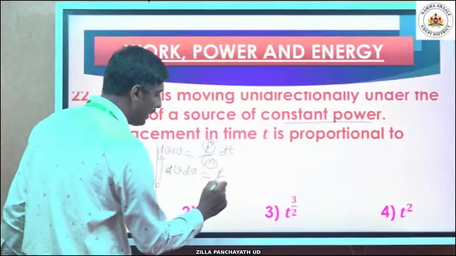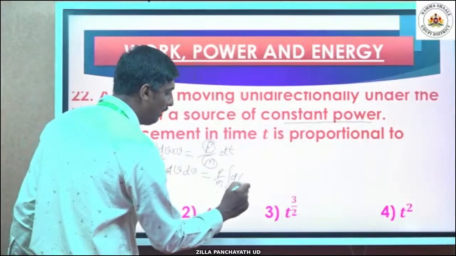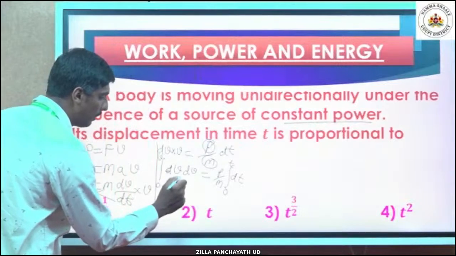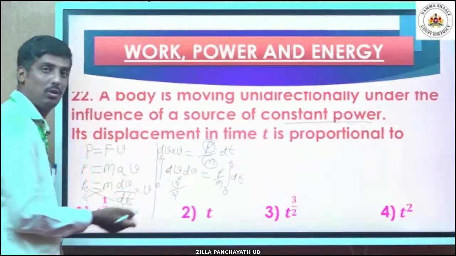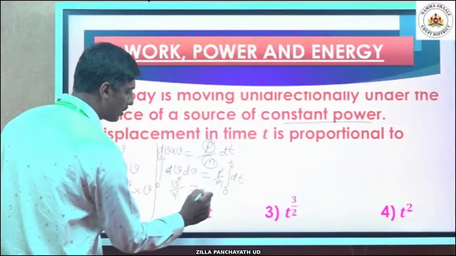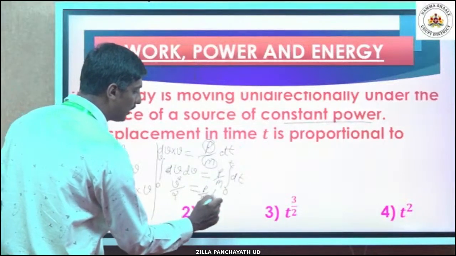Then P by m times integration of dt from the time 0 to t. What does this become? It becomes v square by 2 from 0 to v, so we get v square. Okay, that is equal to P by m is constant, so P by m into t.